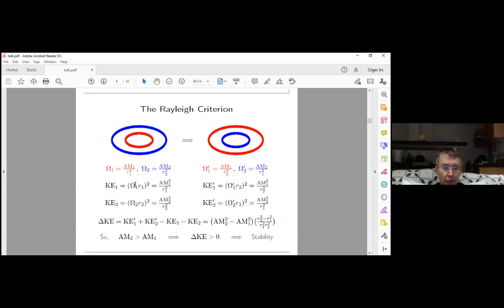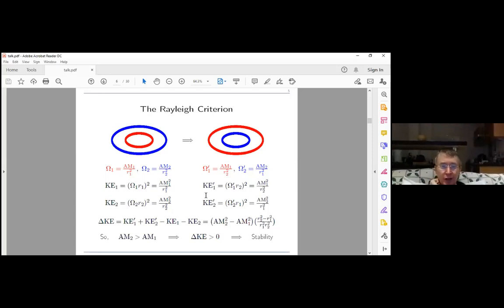I've ignored factors of a half m here, assuming that they both have the same mass m, and we can easily enough ignore those factors. And here's the bit where you have to just sit down and do a little bit of algebra. Here are the kinetic energies before, and there are the kinetic energies afterwards.